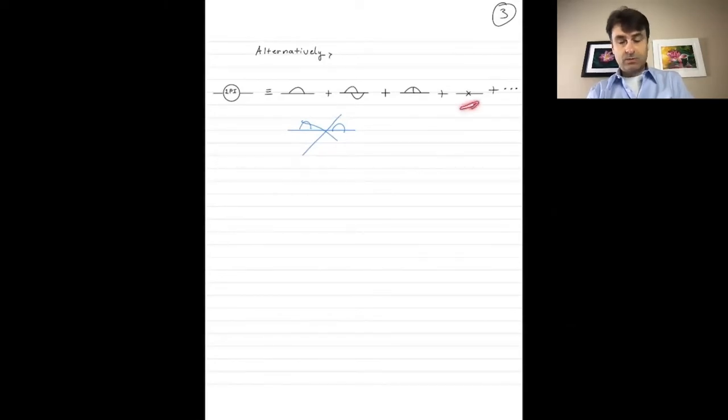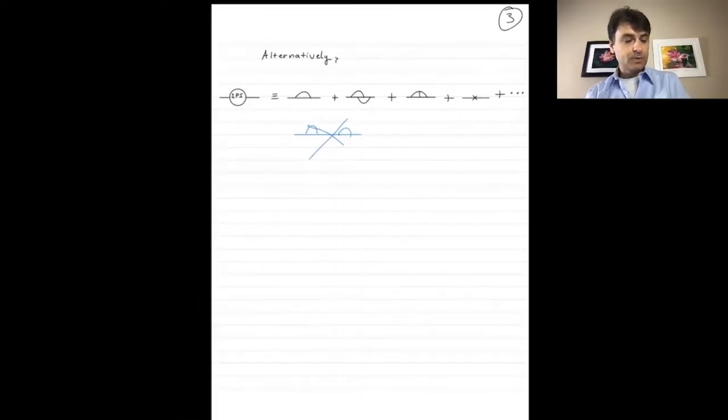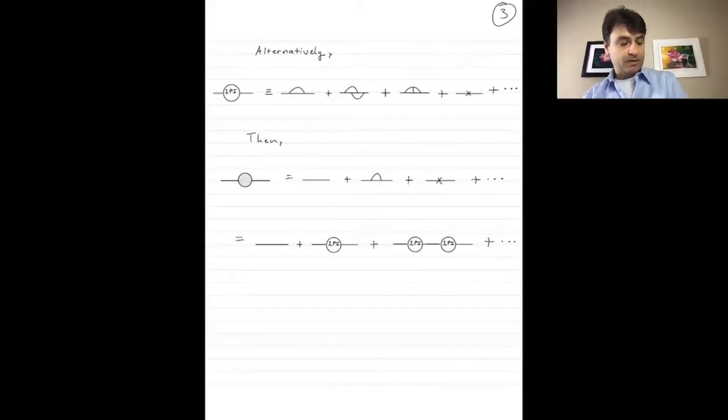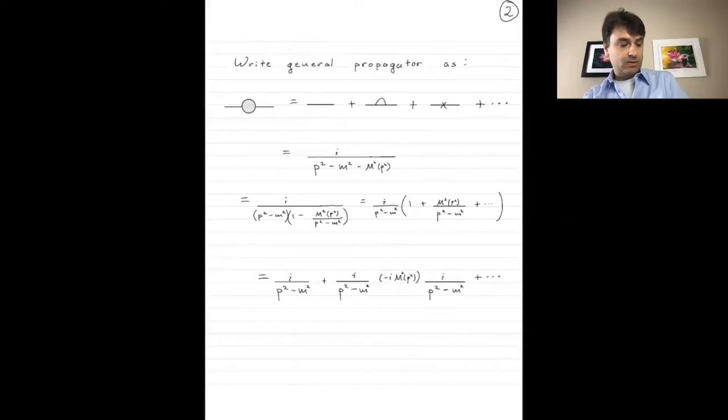Okay, again, I have to make sure to keep track of the counterterm diagrams here. And the reason I do that is because I can also note that I can write that general propagator in terms of these one particle irreducible diagrams. Okay, so this is just what I wrote previously, a few pages earlier, so back here.